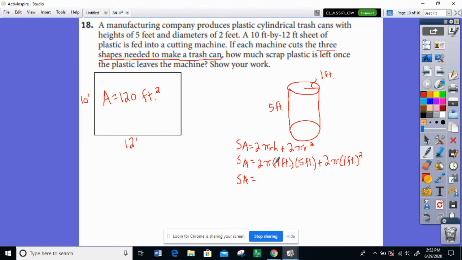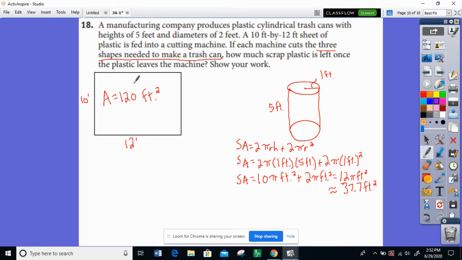If we work this lateral surface area out, 2 times 1 times 5 is 10. It's going to be 10 pi square feet plus 2 times 1 is 2, and there's a pi left over, plus 2 pi feet squared. So in total, that's going to be 12 pi feet squared. But if we get that as a decimal, that's going to be about 37.7 feet squared.